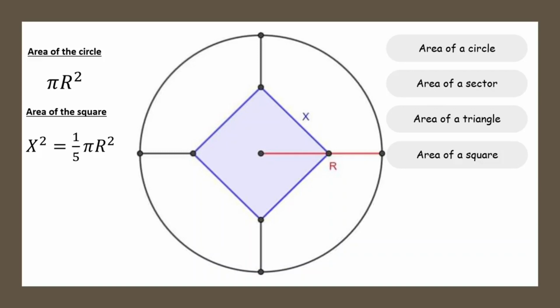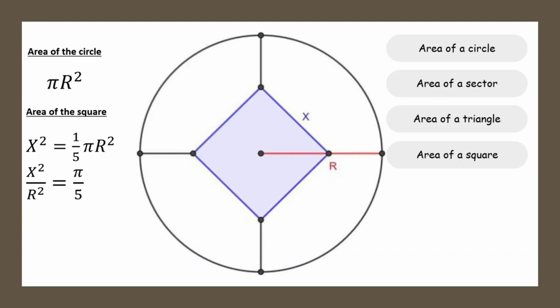And as soon as I've written this, I think the solution is in sight. I was asked to find an expression for x over r. I have x squared and r squared. I'm going to rearrange to get x squared over r squared, and that's going to give us pi over 5.